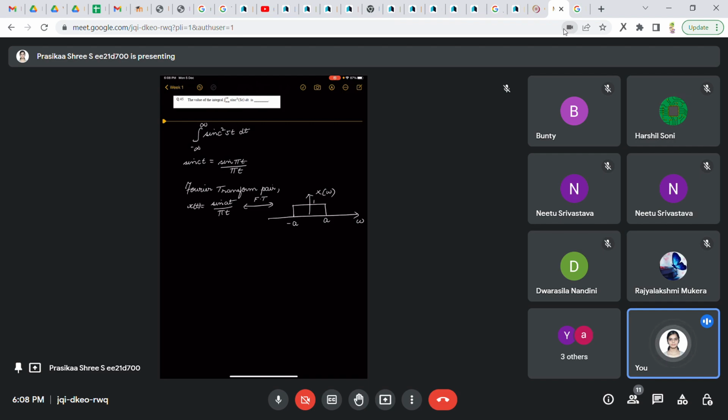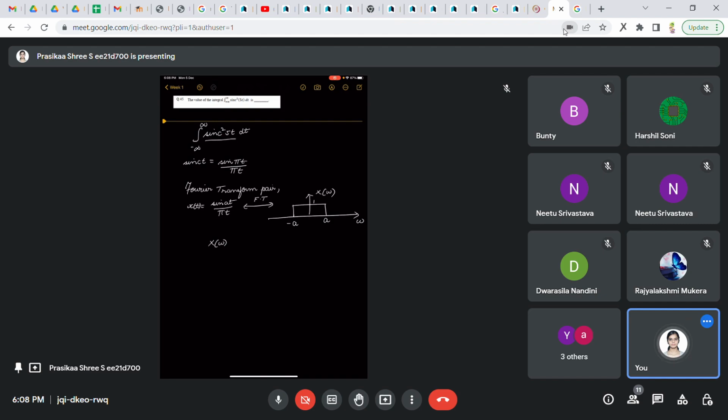On taking Fourier transform, you will be getting a rectangular pulse which is going from minus a to a with amplitude 1. So now our interest is to compute the energy of sinc 5t. In other words, what is the expression for x of omega?